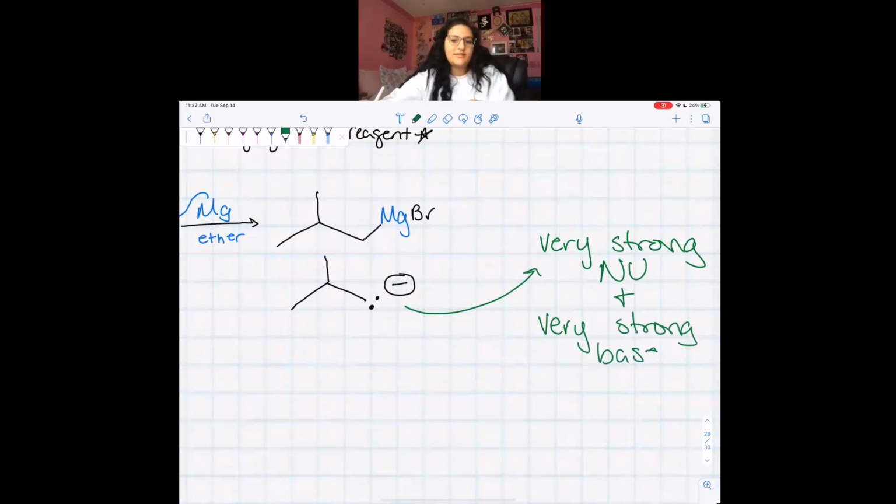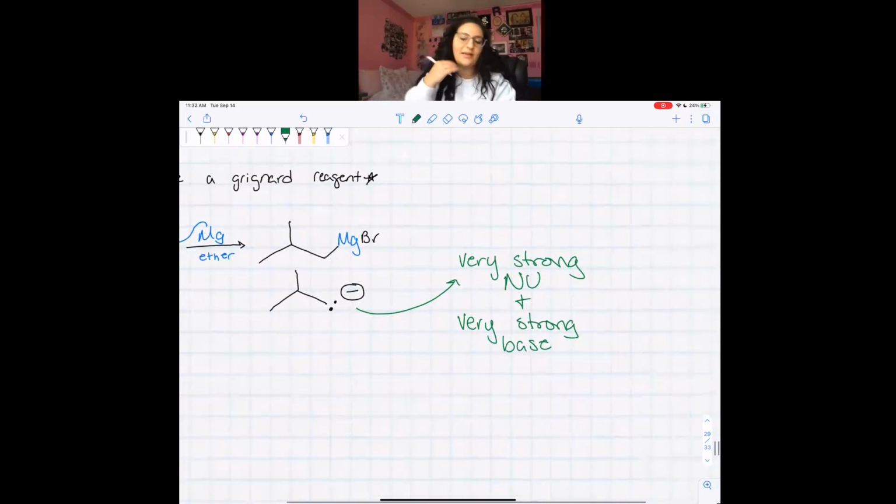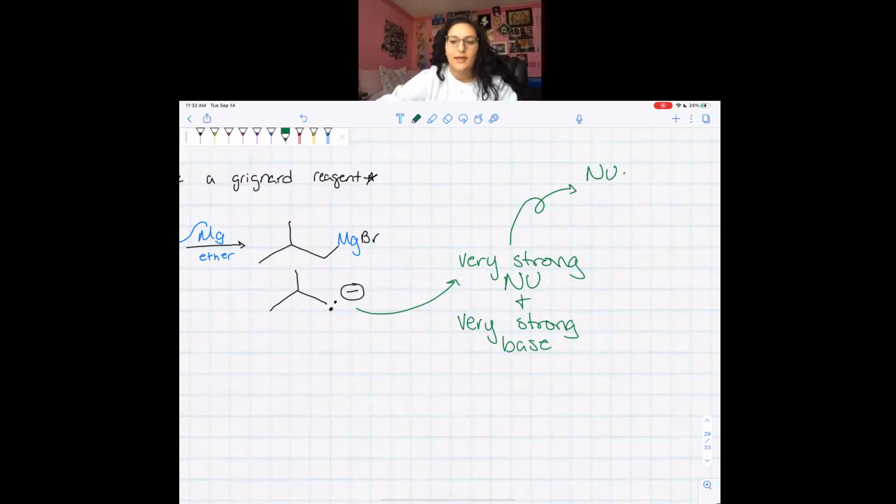So we're going to take a quick detour from our actual reaction, and we're going to say what is a strong nucleophile versus a strong base. So a nucleophile is going to use its electrons to attack and attach to a molecule.